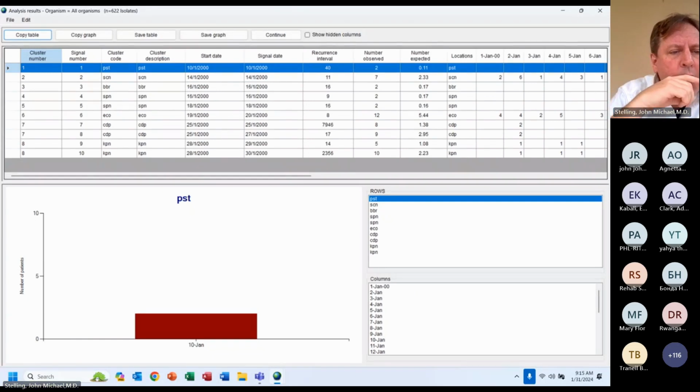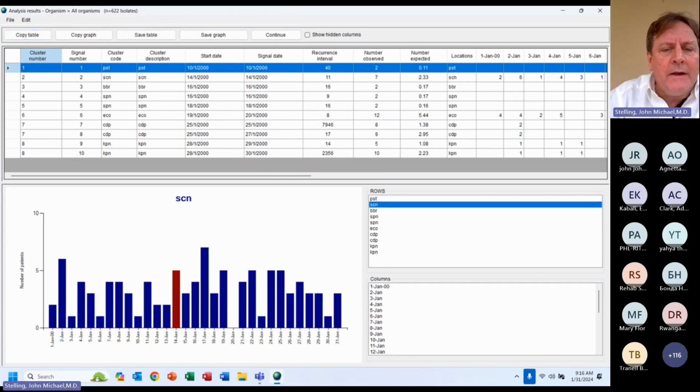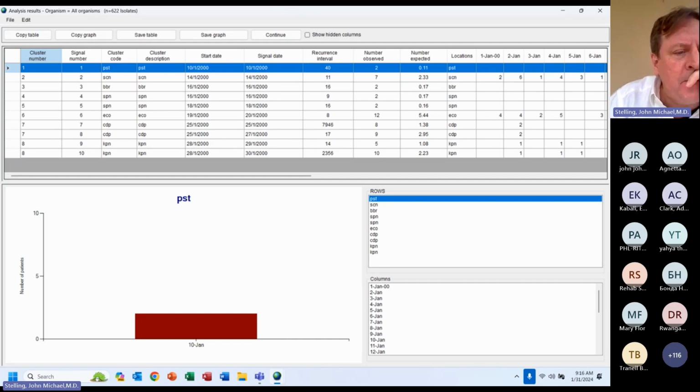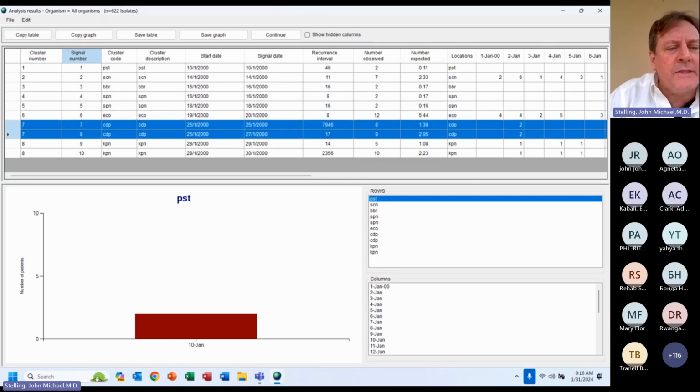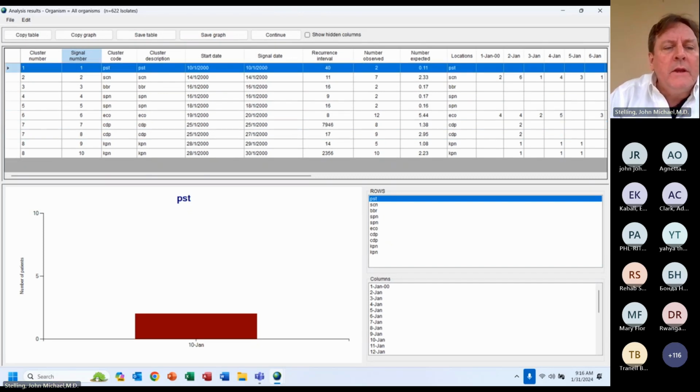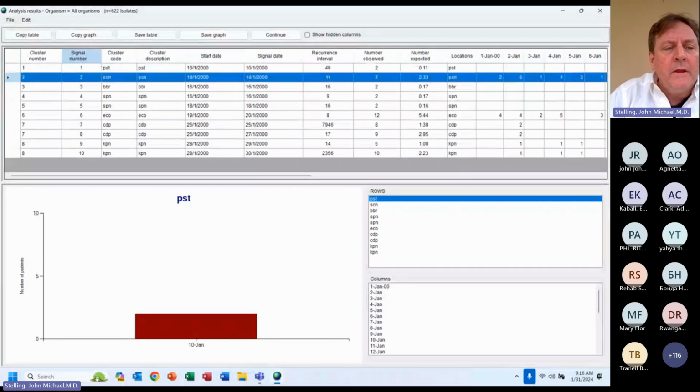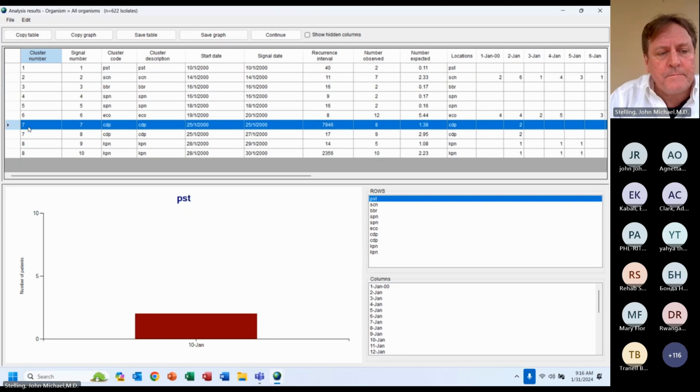I thought, it worked, but it didn't. I was hoping to see. Oh no, here's the example I was looking for. Cluster number 1. If you look at the left-hand column, cluster number 1, 2, 3, 4, 5, 6, 7, 7.